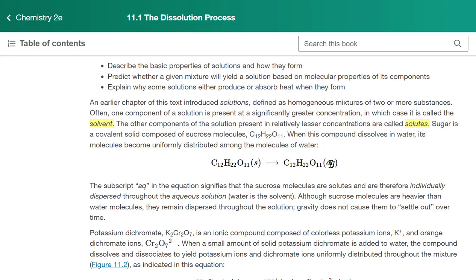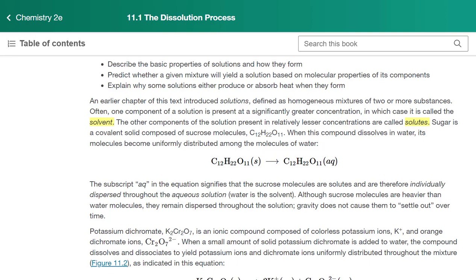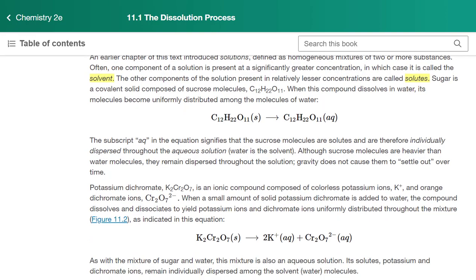And we show that with this (aq), which means aqueous, which is a solution in which water is a solvent, so dissolved in water. So we'll see a lot of those, but those are not the only thing that happens.